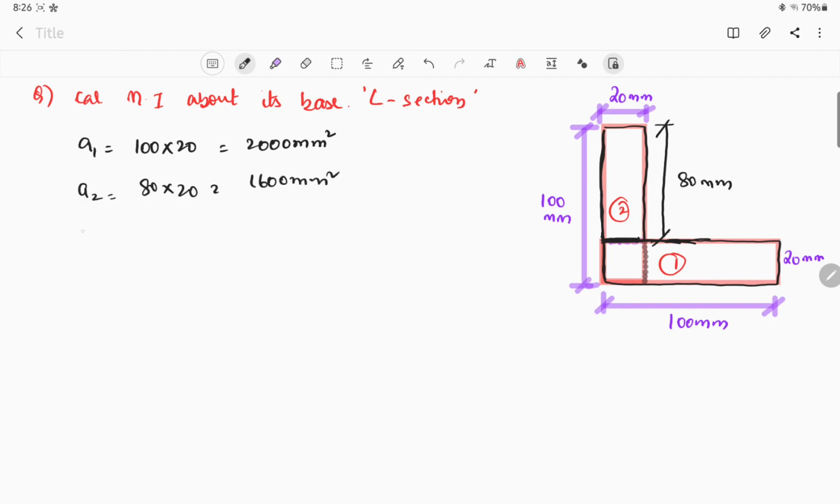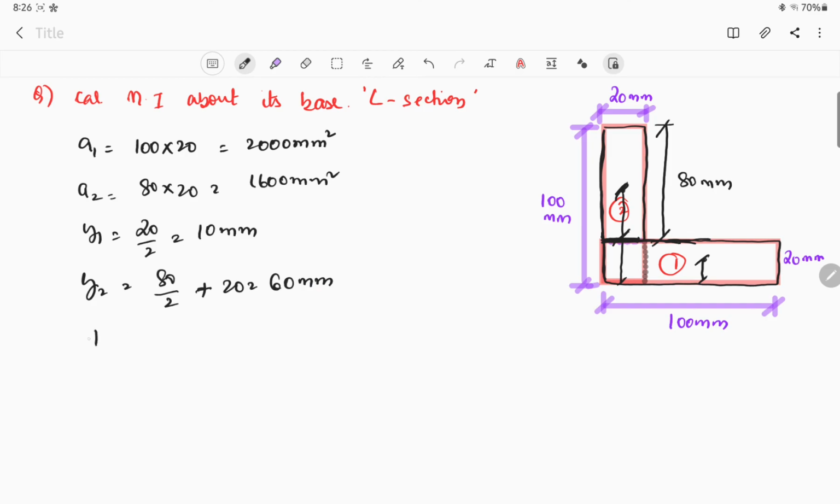Similarly, we'll calculate Y1. Suppose this is the centroid of this figure, so this distance will be 20 by 2, which is equal to 10 mm. What about Y2? Suppose this is the centroid of this figure, then the distance from here to here will be 80 by 2 plus 20, which is equal to 60 mm.